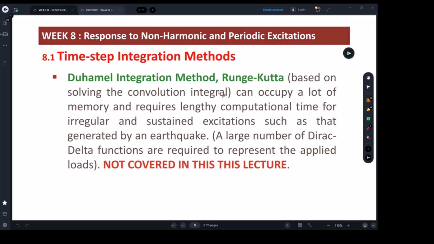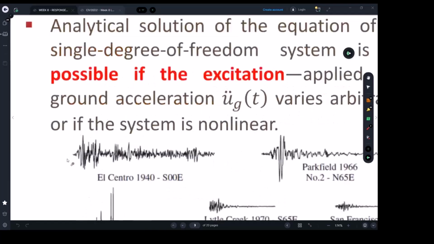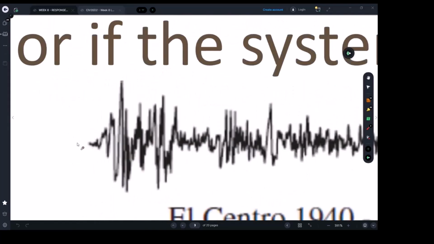Now, again, these methods are deemed not to be useful and not stable for some types of excitation, especially if the time stepping was very, very large. Because, you know, there are a lot of random situations here. We have areas where the ground excitation has less frequency than other areas.